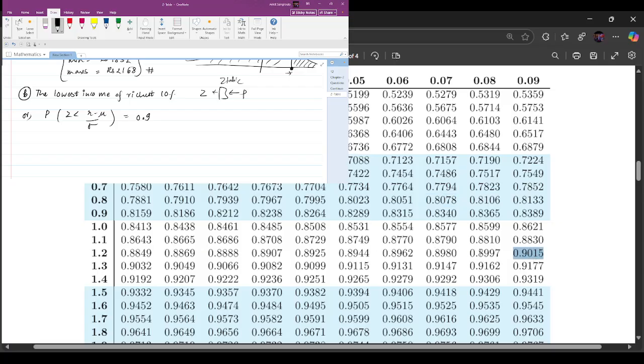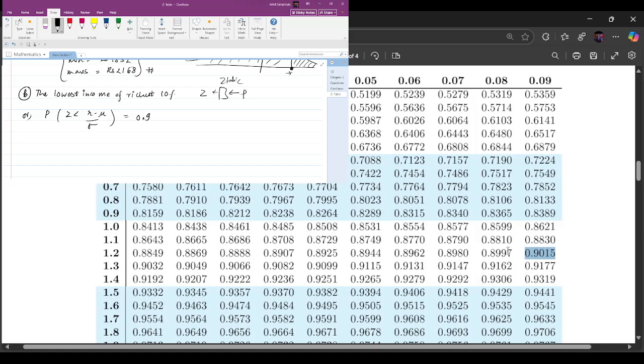So we have 0.9015 and 0.8997. I think this is the closest value, and if you look at this, it is 1.28. So this will be the probability of Z less than 1.28, with mu as 2000 and sigma as 200.